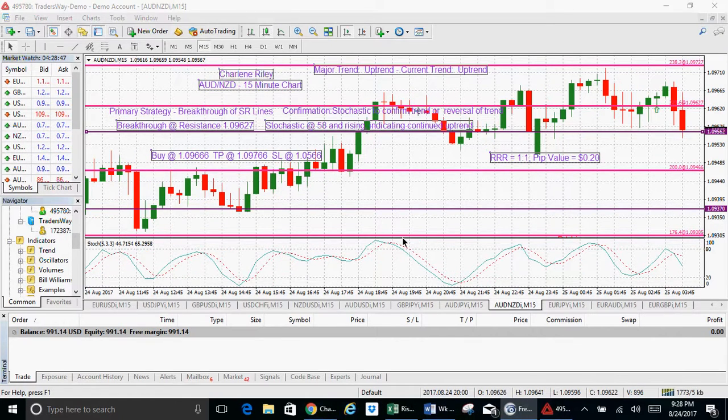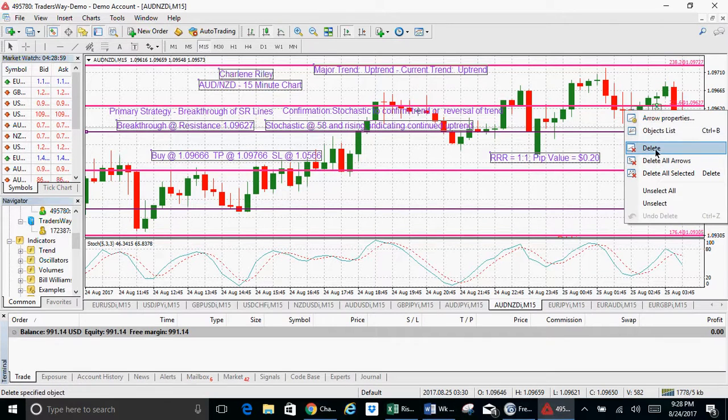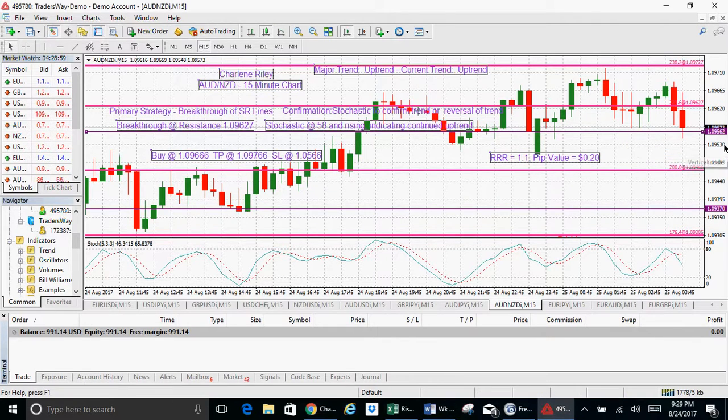On the Australian dollar, New Zealand dollar 15-minute chart, my trade setup now is looking for a break below the 1.09562, at which point I would enter into a sell.